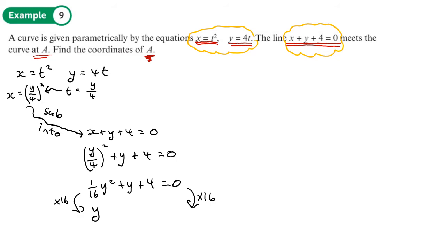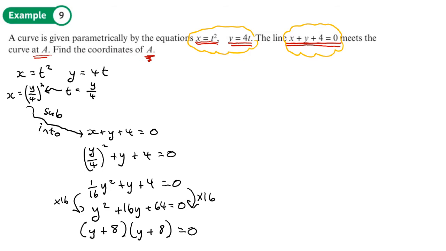So I've got y squared plus 16y plus 16 times 4, 64 equals 0. I think that's going to give me 8 and 8 in the bracket. So y plus 8 in brackets all squared equals 0.